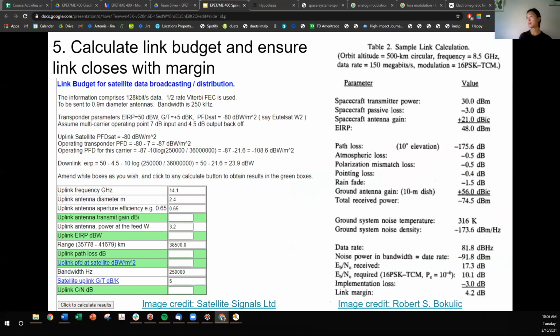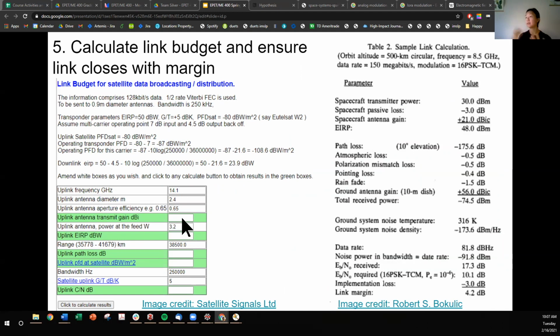Then, to finish up, you calculate a link budget and ensure that the link closes with margin. There was a graphical depiction earlier, but many times communication engineers will use these spreadsheets or calculators where you have parameters that you just fill in.